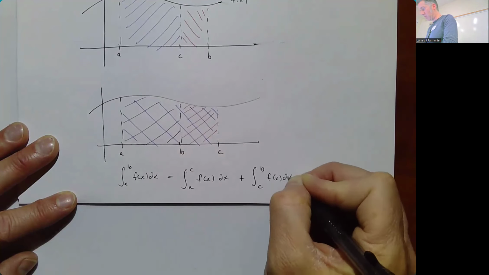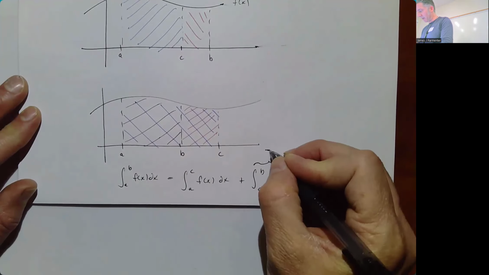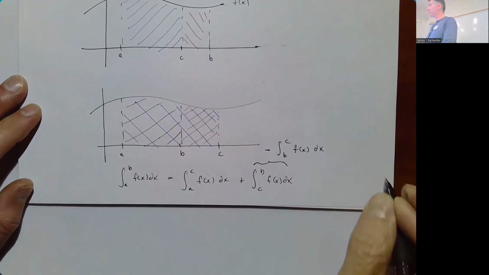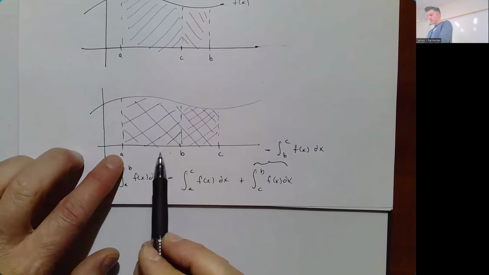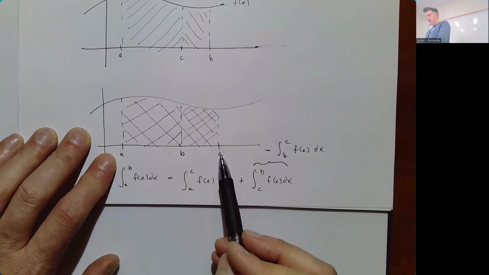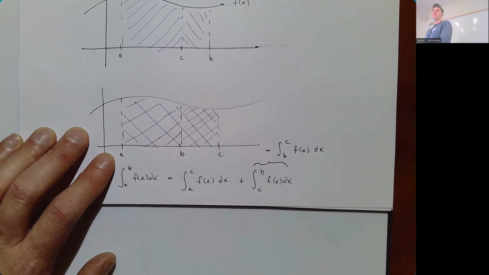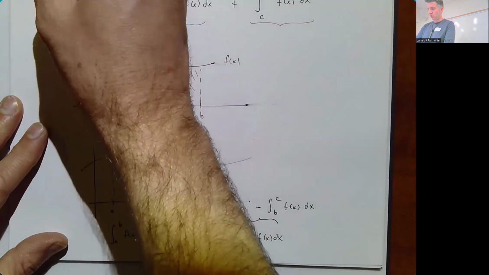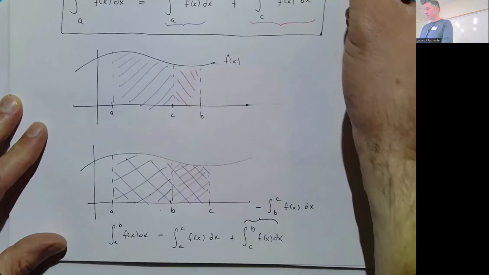But what I should really do is rewrite this part as the negative integral from b to c. And then it all makes sense that this area under the curve from a to b is equal to the total area from a to c minus the area from b to c. Totally works out.